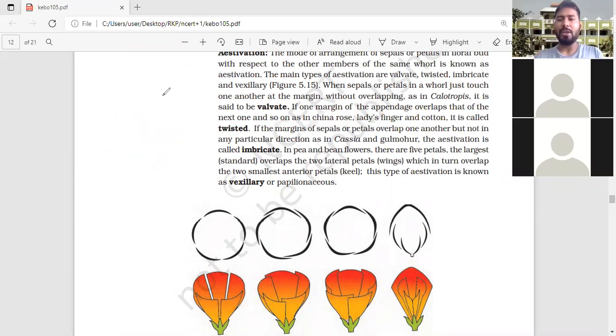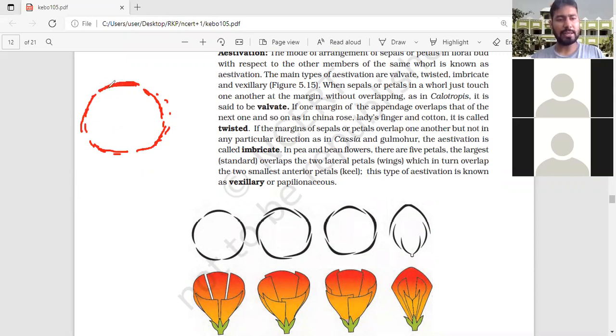Third one they have also given. In the third one, you will see one whorl outside, one whorl inner side, and the remaining three present in the twisted, meaning overlapping, manner. So look, I'm drawing. What I'm saying is, one will be outside.